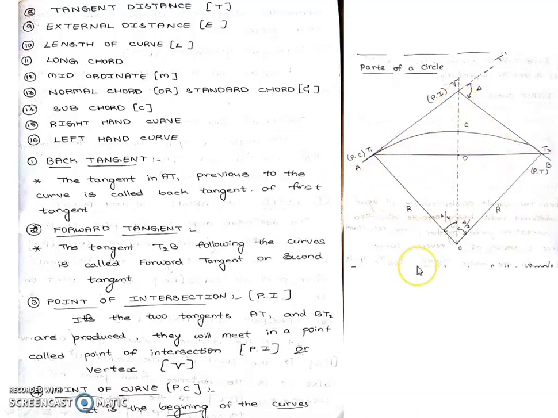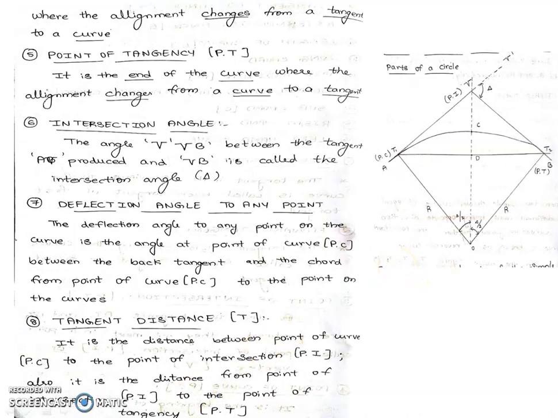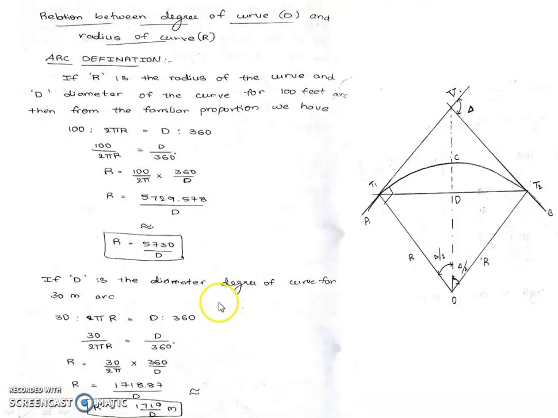Okay, so these are the parts of curve. So next is the relation between degree of curve D and radius of curve R. We'll continue with this in the next session.